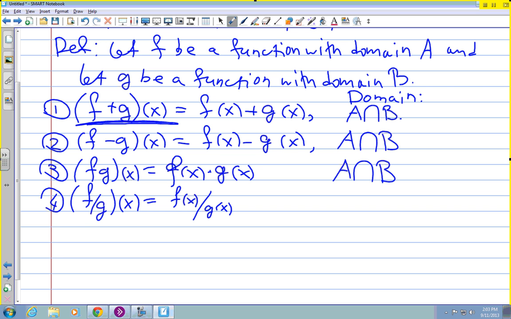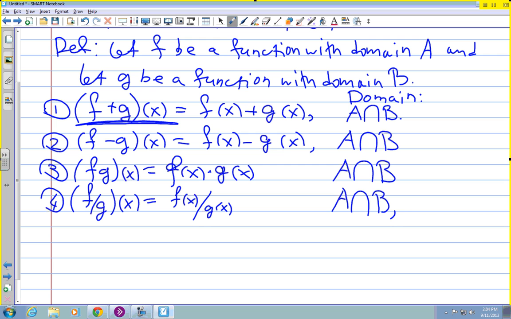So now here we have to be a little more careful. We still want both functions to work at the same time, right? So we still need the intersection. But there is one more thing that we need to avoid, and that's getting 0 in the denominator.